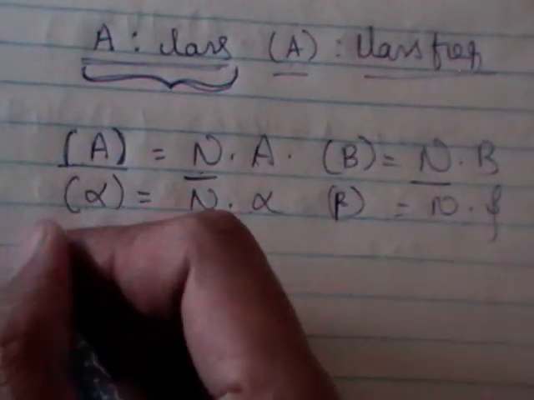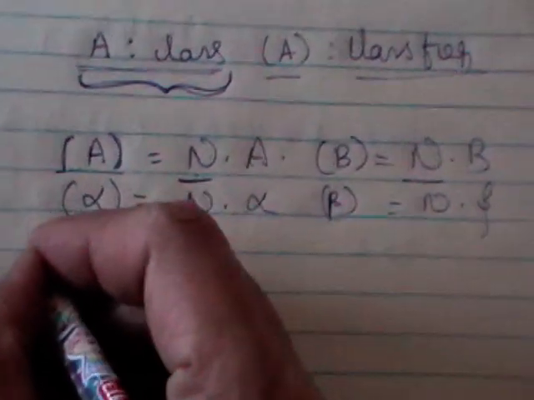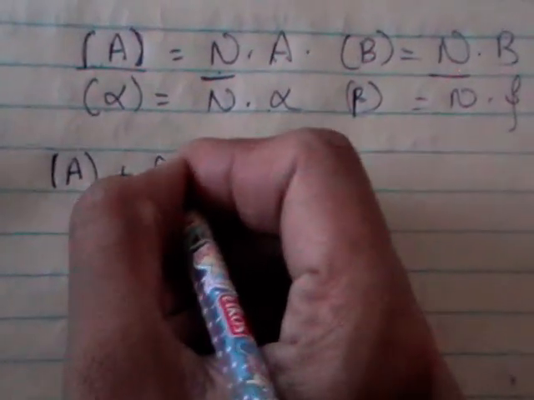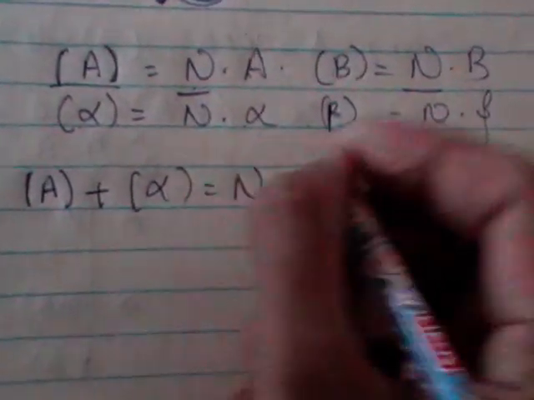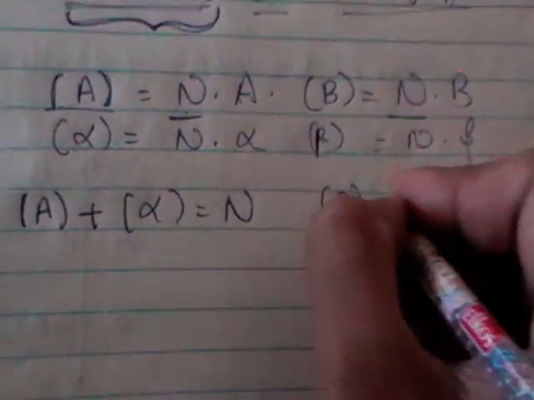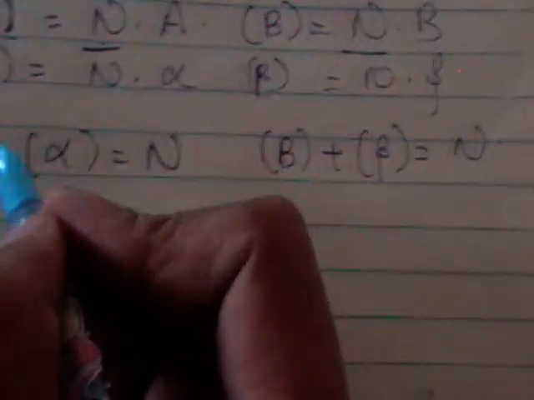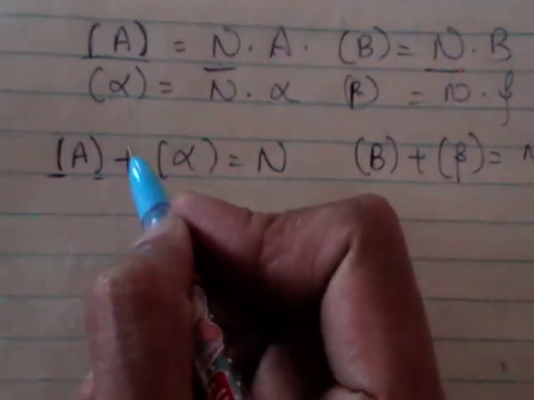Now, using this, let us find out... We know that always A plus alpha gives you capital N. Similarly, B plus beta gives N. So we are using these brackets, we are using parenthesis here.